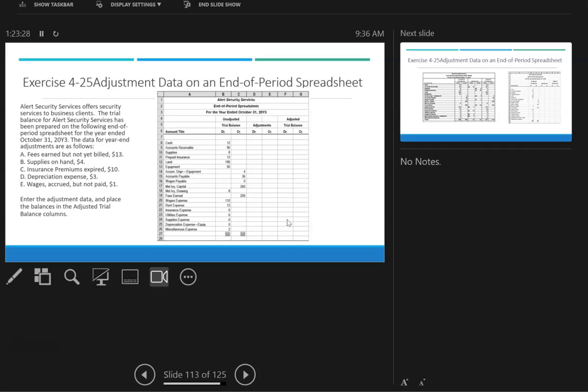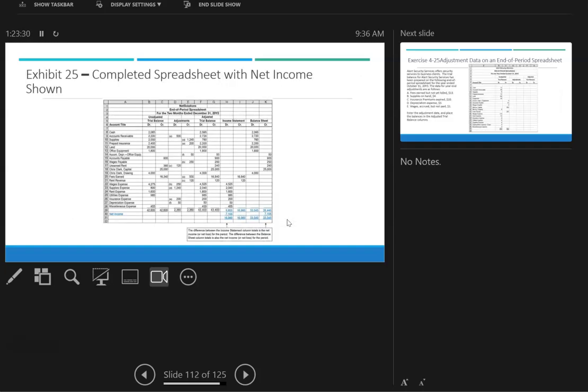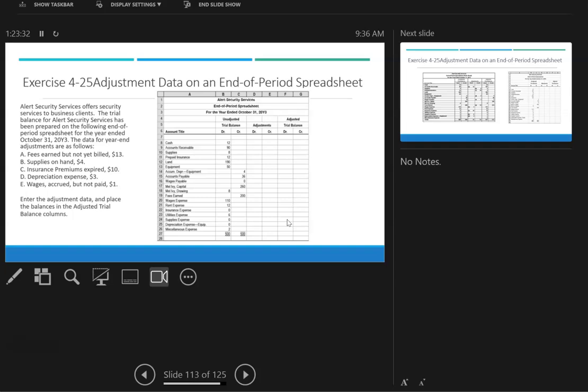We'll go through one of these exercises. Alert Security Services offers security services to business clients. The trial balance is shown here. And then we have some adjustments that we talked about last week.